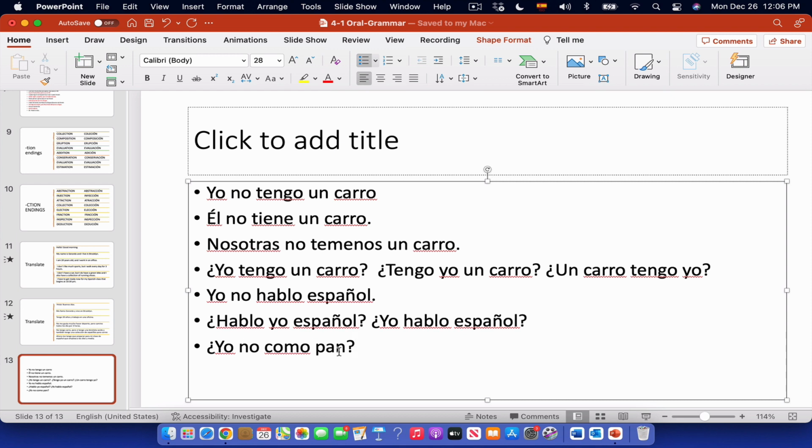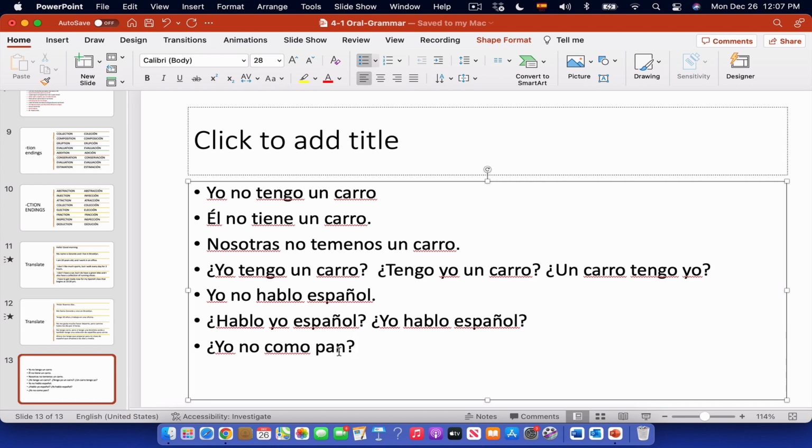Now, how do you say, for example, I have a car? Yo tengo un carro. How do you say he has a car? Él tiene un carro. How do you say we have a car? Nosotros tenemos un carro. How do you say I don't have a car? Yo no tengo un carro. How do you say he doesn't have a car?